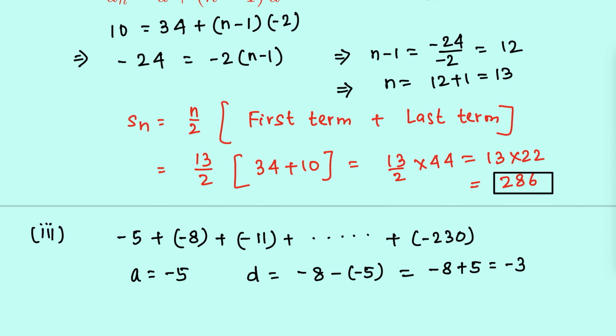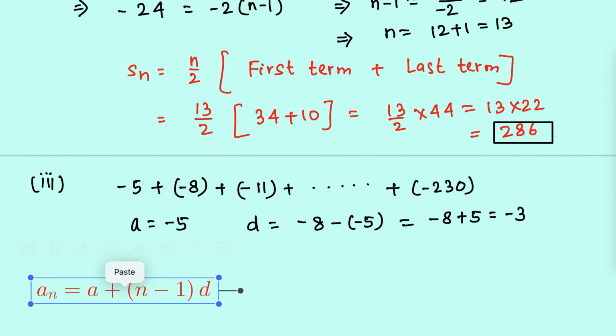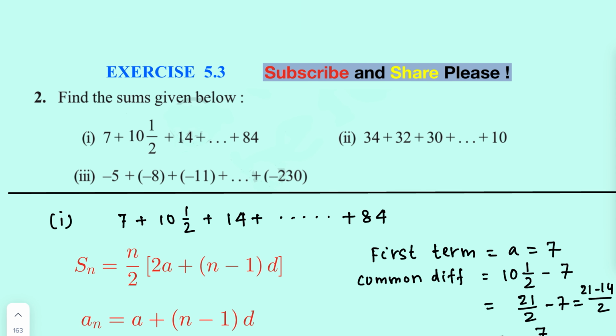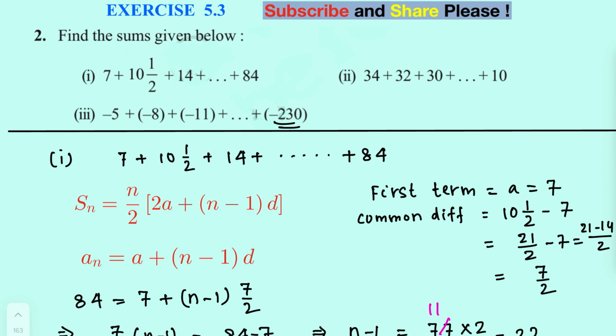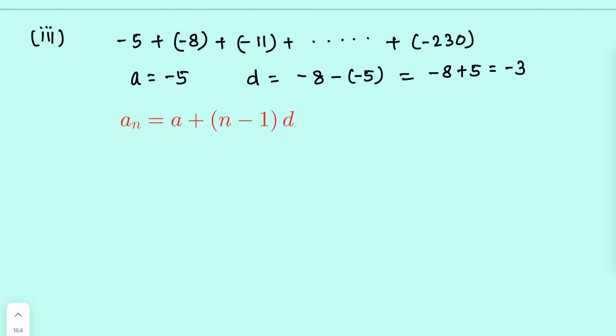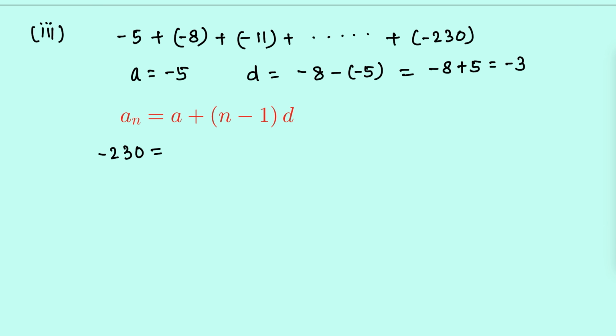Now we have to put an is equal to a plus n minus 1 into d, and an is equal to minus 230 is given. So we can write minus 230 is equal to a, which is minus 5, plus n minus 1 into d, which is minus 3.